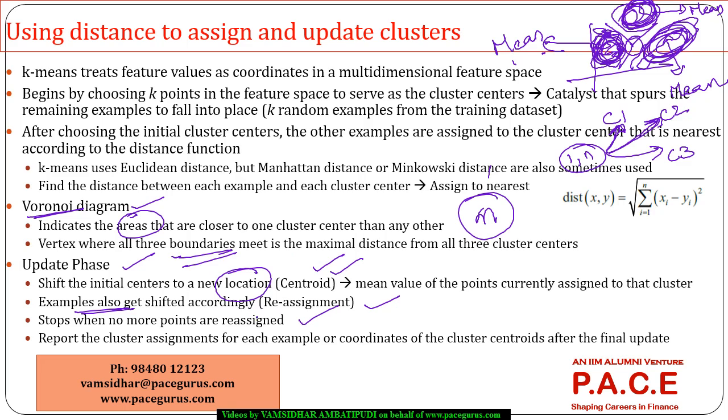When no more points are left for reassignment, the clustering process stops, and the cluster assignments are reported for each and every example. Along with the cluster assignments, any update to the cluster centroids is also computed and reported.